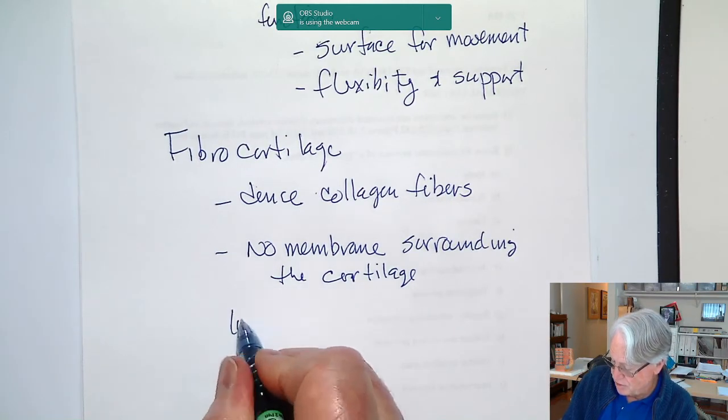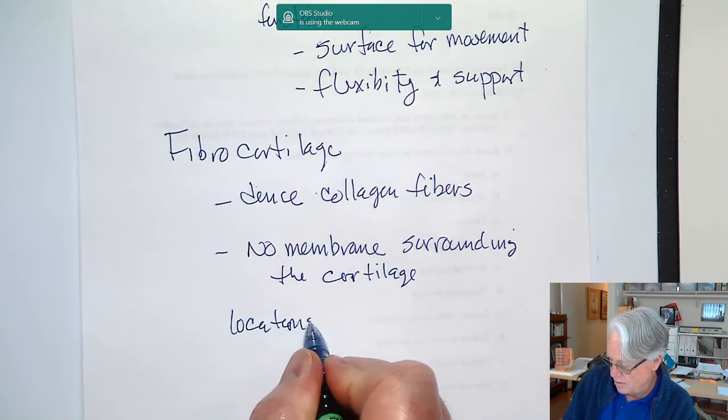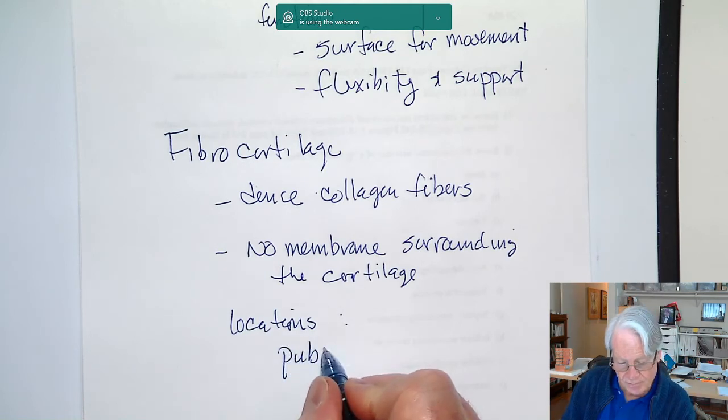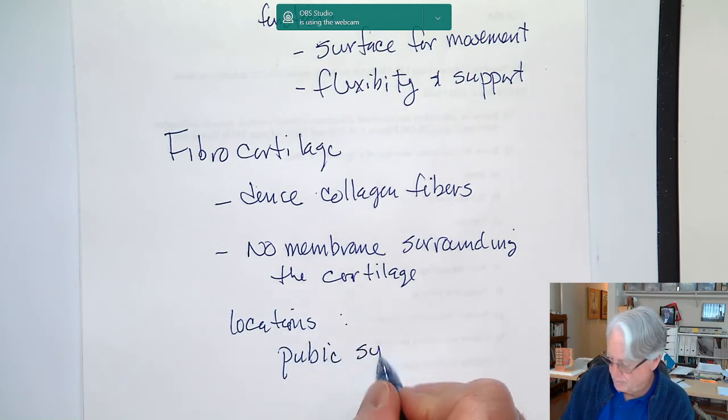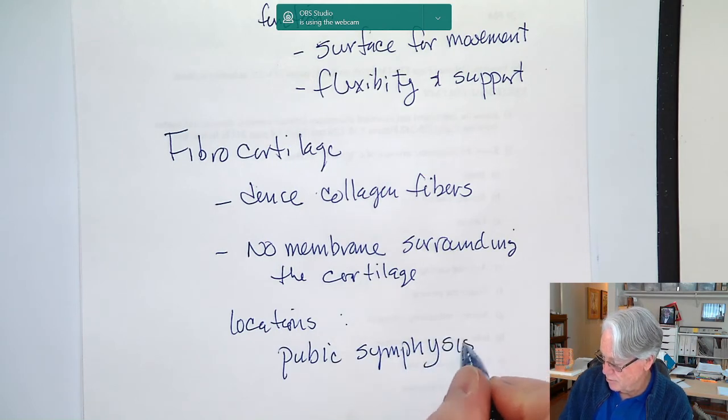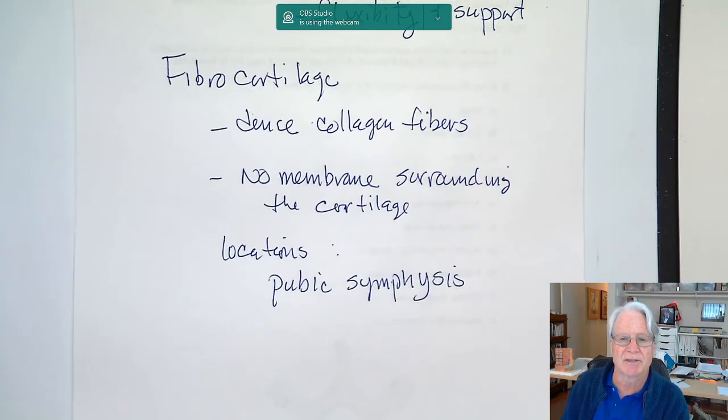Some locations: the pubic symphysis. We'll talk about that when we look at the bones, and recognize where that is. That's where the two hip bones come together in the center of your body, in the front of the body, I should say.